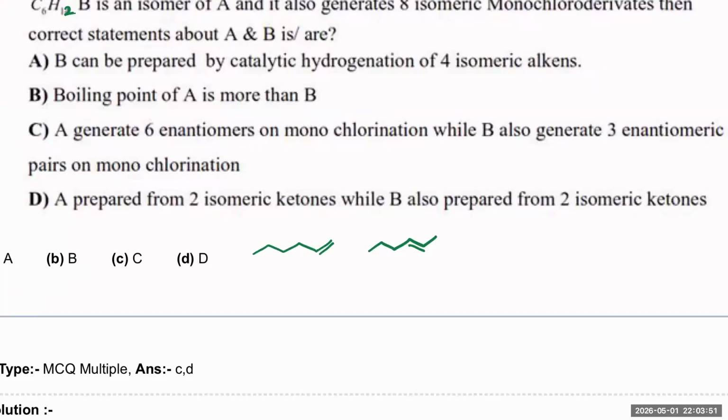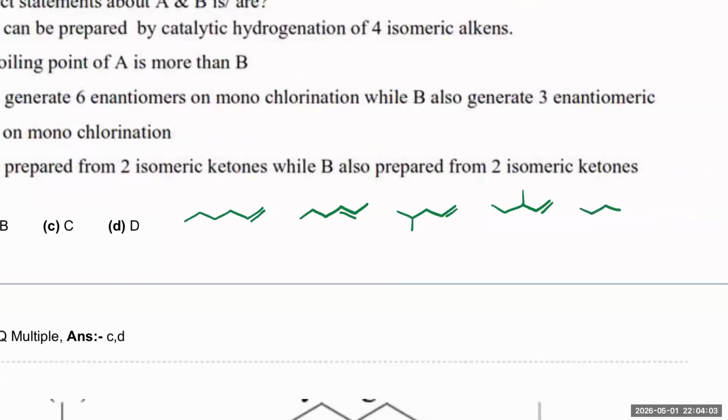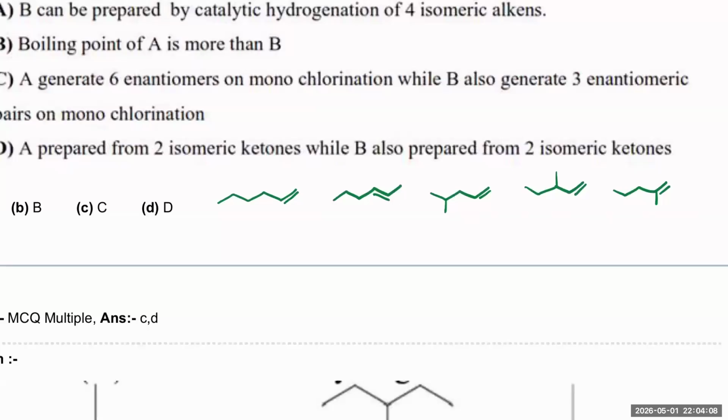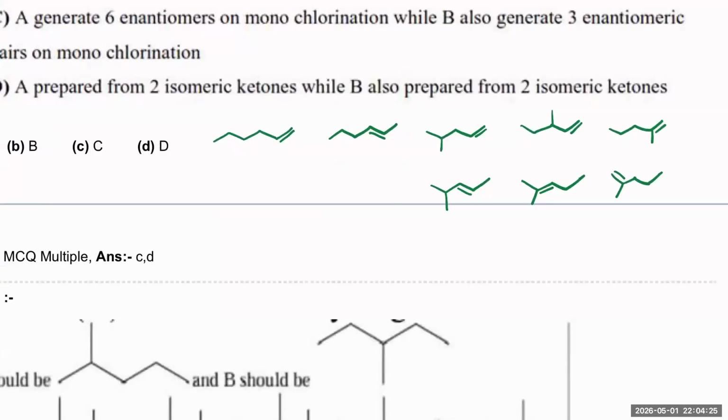And next, if you have 5 carbons here, you can get double bond here like this, or here like this, or I can keep double bond here like this. And then we can have our double bond inside also, so like this with double bond here. Okay, or I can make double bond here. Lastly, I can make double bond here. Okay, and then we can have 4 carbons, 5, 6 double bond here. This is the possibility we can have.